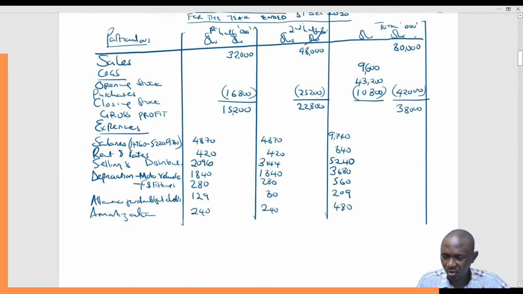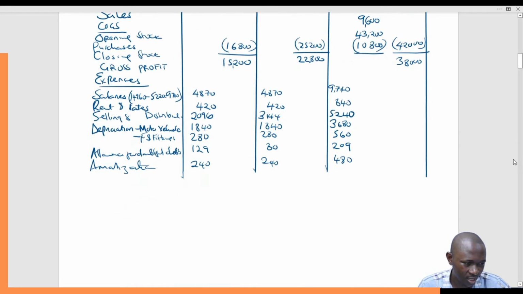So let's get the totals. This time round we have to work the totals for all the columns, because at some point we had different figures, like allowance for doubtful debts. So we'll have to work out for both sides. 4870 plus 420 plus 2096 plus 1840 plus 280 plus 129 plus 240.